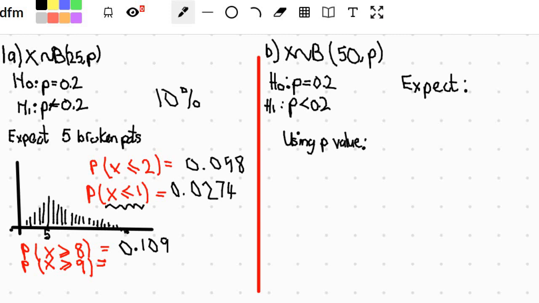So then on my calculator, I can do x less than or equal to 8, which gave me 0.953. If I do 1 minus that, I get 0.047, which gets me below 5%.